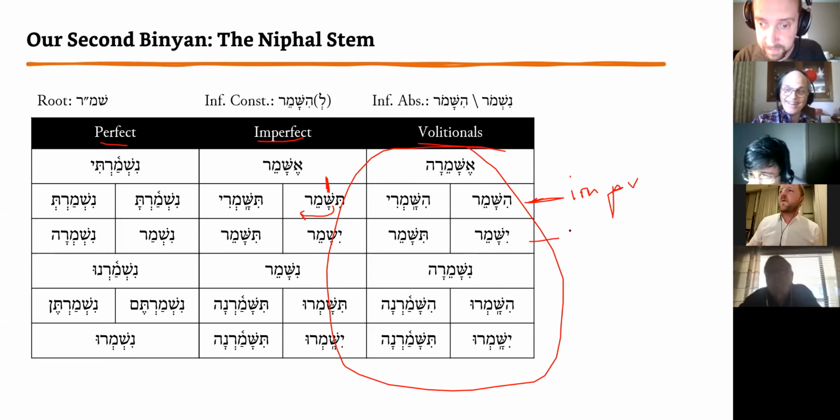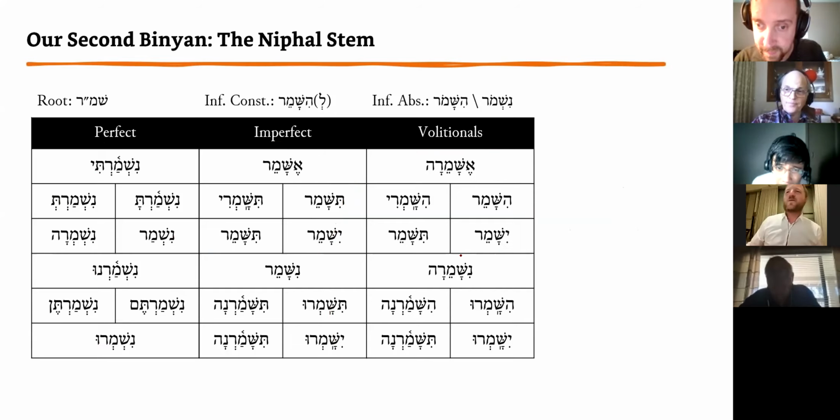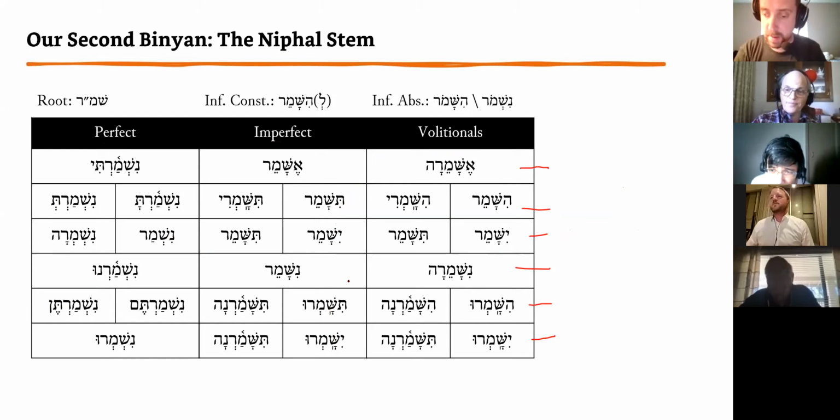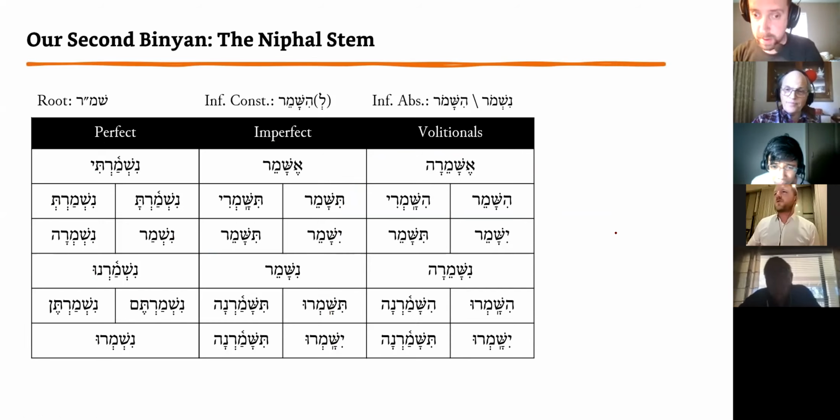If we look at the table, this is the jussive, and the jussive is "let him do something." The second column is the imperative. And this column up here is the cohortative, which we could say is the first person jussive, using modern terminology. So this would be let me, let us, let him, let them do it. Go ahead and read through it and give us a gloss translation.